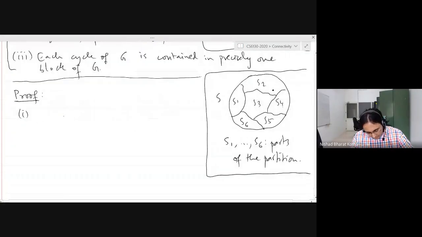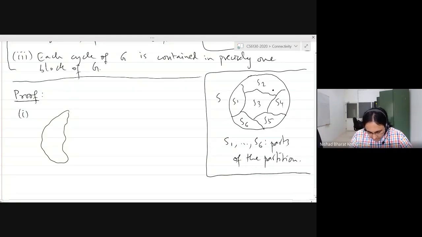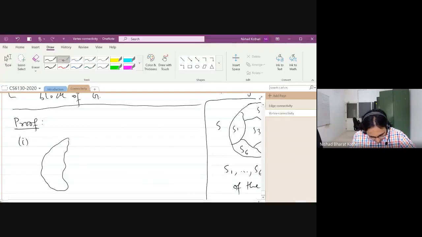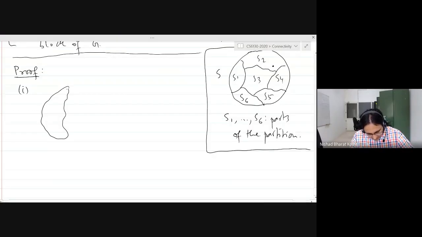Supposing this is one block, and supposing there is another block, let's say red colored, and let's say they meet in two vertices.